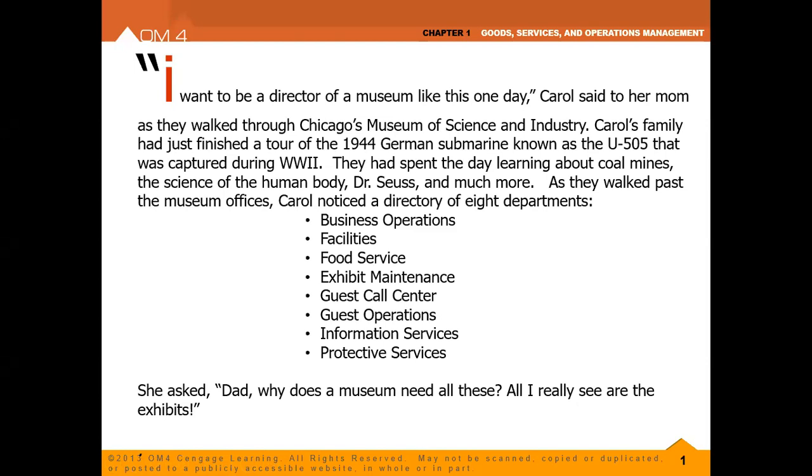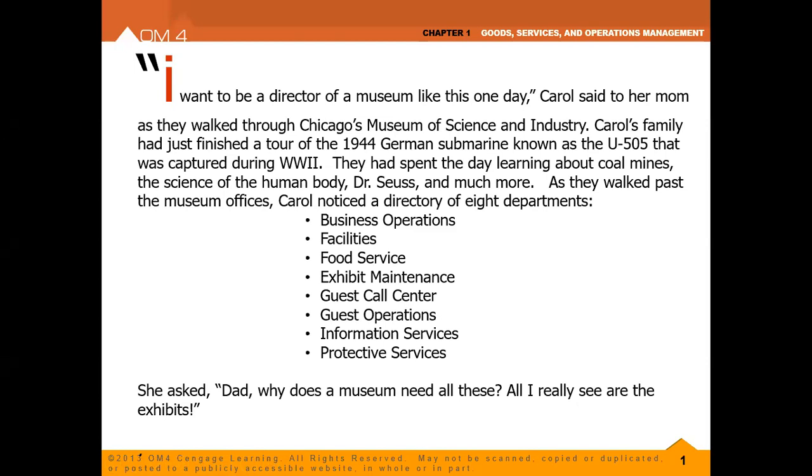So Carol said to her mom, I want to be a director of a museum like this one day. They were at Chicago's Museum of Science and Industry. Carol's family had just finished the tour of the 1944 German submarine known as the U-505 that was captured during World War II.